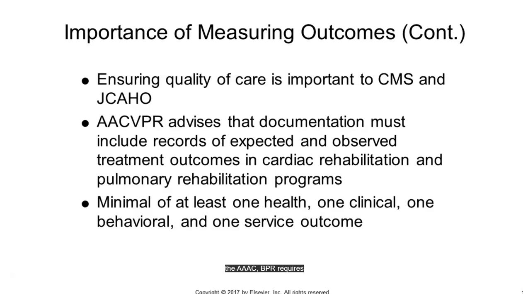The AACVPR requires cardiac and pulmonary rehabilitation programs to collect outcome measurements for certification. They have created an outpatient cardiac rehabilitation data registry whose purpose is to track patient outcomes and quality of services. It provides national outcomes data for benchmarking and highlights the benefits of cardiac rehabilitation.